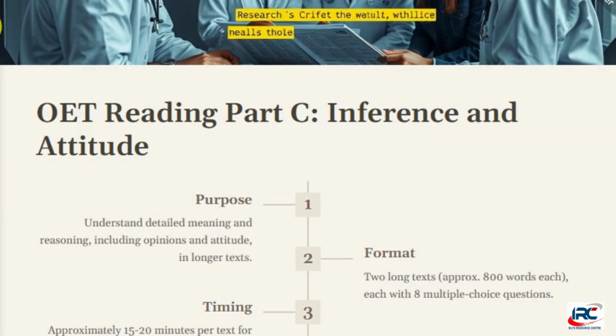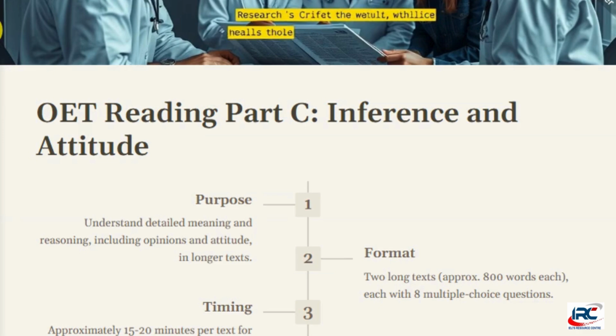When it comes to formats, here we're going to dive into the depths. Part C presents you with two long texts, each approximately 800 words in length. Now, these texts are rich in detail, offering a deeper dive into topics relevant to the healthcare profession or professionals. Now, each text is accompanied by 8 multiple choice questions.